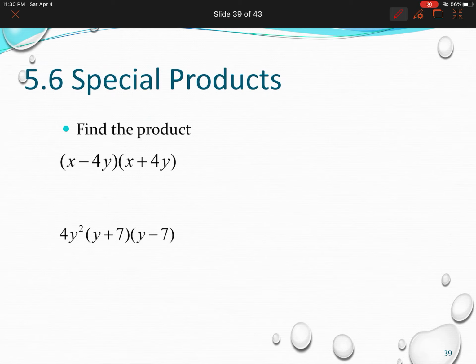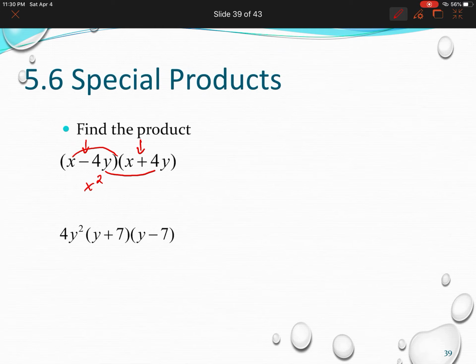So here again, we're going to find the product. This is a sum and a difference of the same two terms because we've got our sum here, our difference here. Again, you can see the terms are all the same, x and 4y. Because it does fit into this form, we're going to multiply first terms, x times x, and get x squared. And we're going to multiply the last terms.